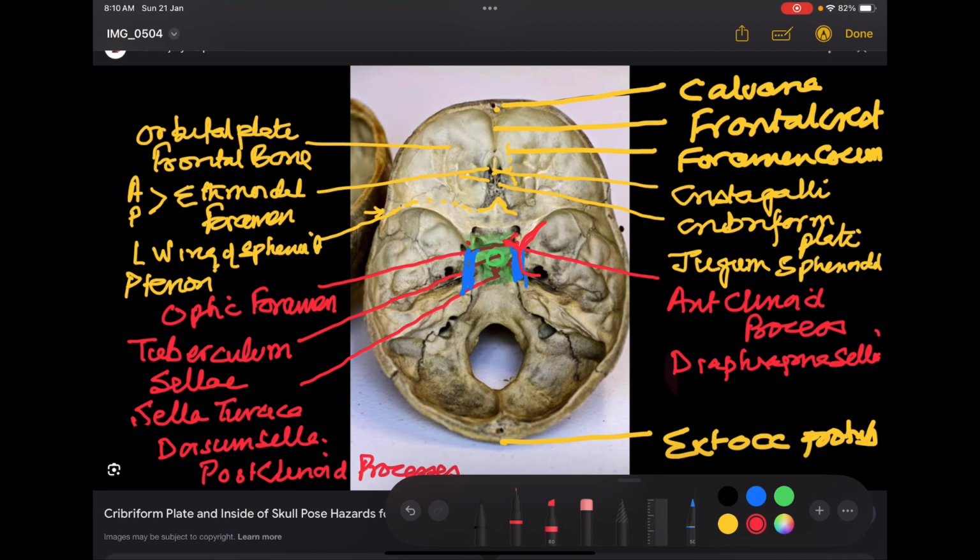Then the nerves that lie in the cavernous sinus. One of the important nerves is the sixth nerve, which arises lying in the inferior petrosal sinus, bends round under a ligament.